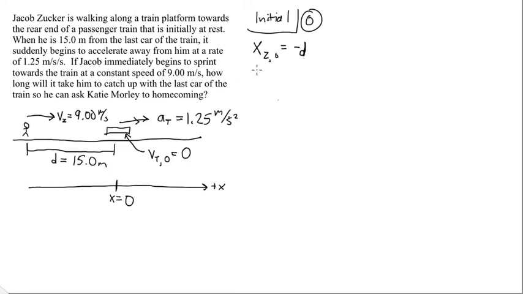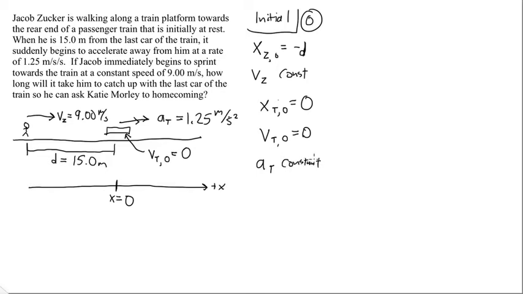Zucker's velocity we know is constant, vz is constant. And the train initially, xt0, is at the origin, and the train's initial velocity is 0. And of course, the train is accelerating at a constant rate.